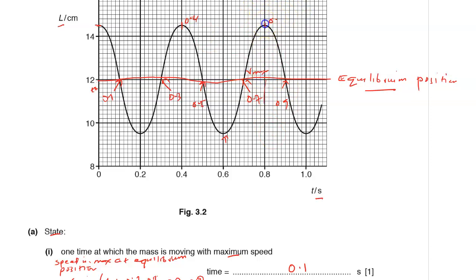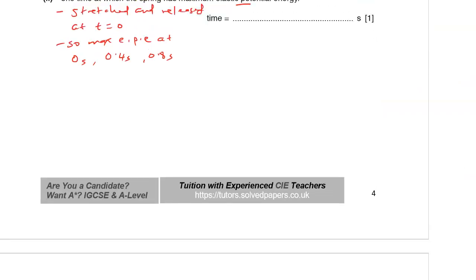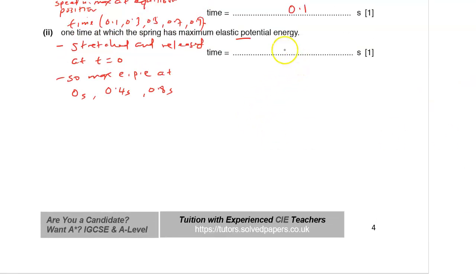At this point, 0.6, and 0.2, it has the least elastic potential energy because the spring is squashed. So having that in mind, you can choose any one of the timings. I can just go for 0.4 seconds. That is a time the spring has the maximum elastic potential energy.